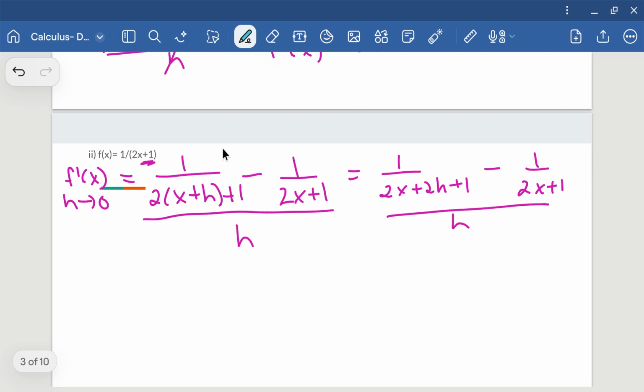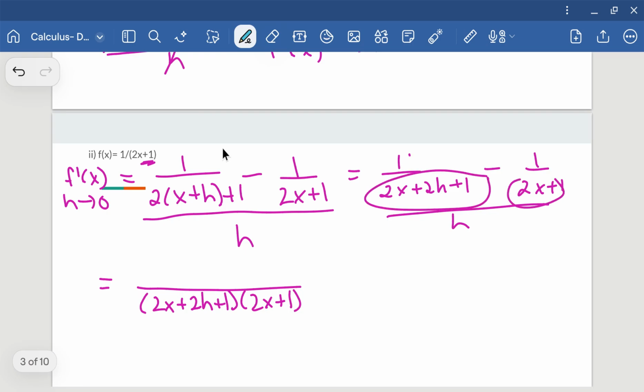Now I'll simplify the numerator, and my lowest common denominator would be just essentially all of that together: 2x plus 2h plus 1 times 2x plus 1. Then taking the first part, multiplying it by 1, and the second part, multiplying it by the negative 1, I would end up getting 2x plus 1 subtracted 2x plus 2h plus 1, and this is all over h.